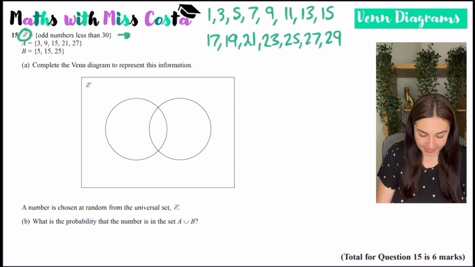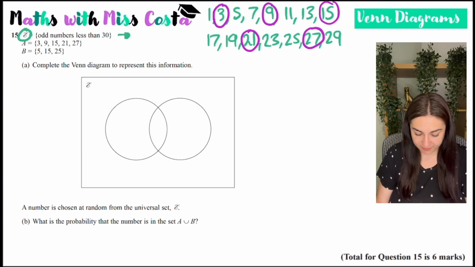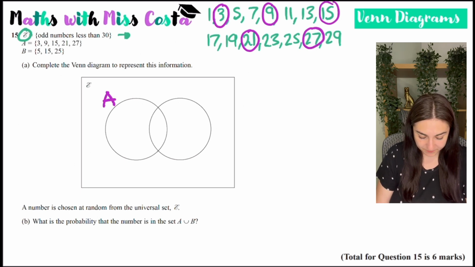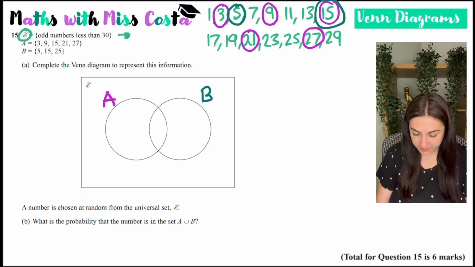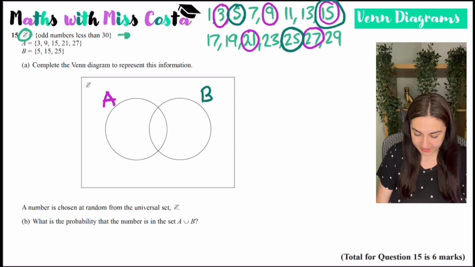Now in set A are the numbers 3, 9, 15, 21, and 27. So that's set A.